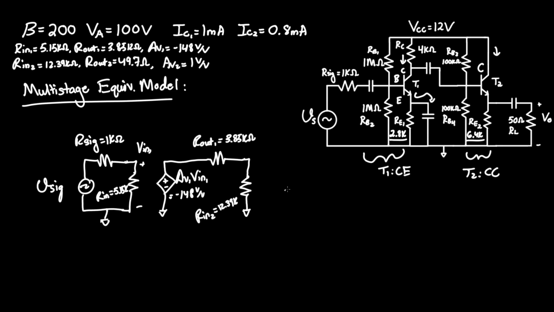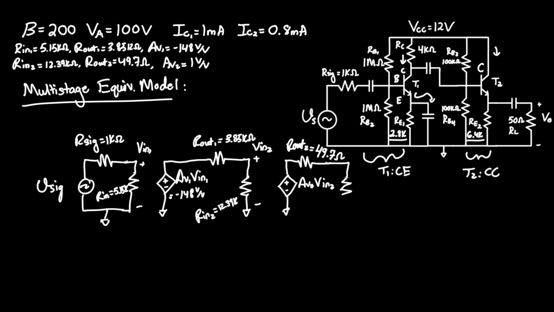Of course, we have our second dependent voltage source of the potential drop of Vin2, which is AV2 Vin2. We can again ground that. And this is connected to R-out2, which we found to be 49.7 ohms.